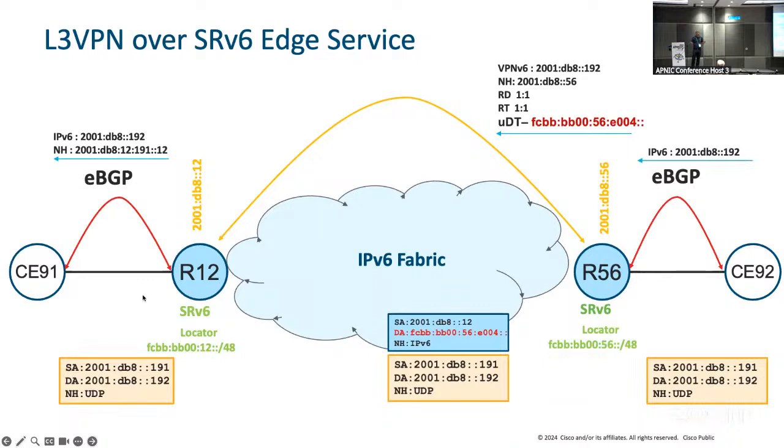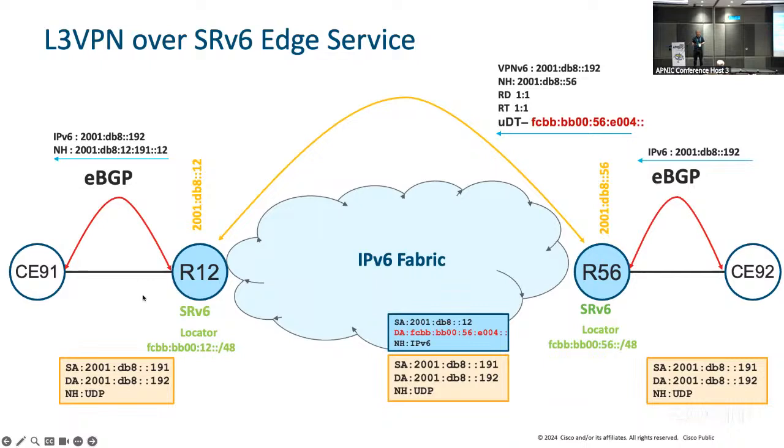No. For that IPv6 forwarding lookup, as long as the node can do IPv6 forwarding, it can do the SRv6 forwarding. Why? Because in the core, I don't care about the SRv6 micro-segments and all those definitions. I only care about the IPv6 lookup. So in the core, that node does not have to support SRv6.